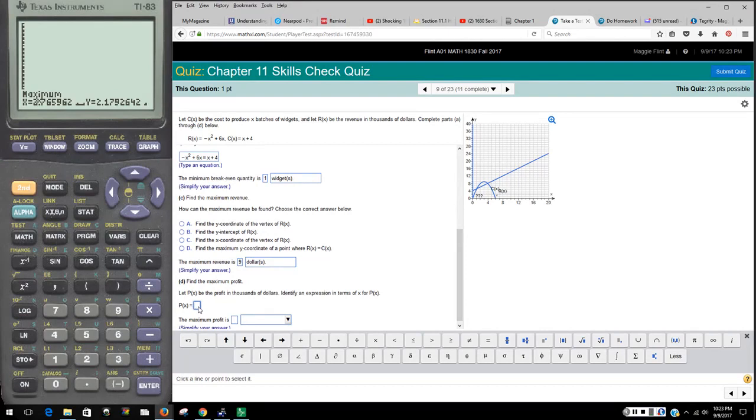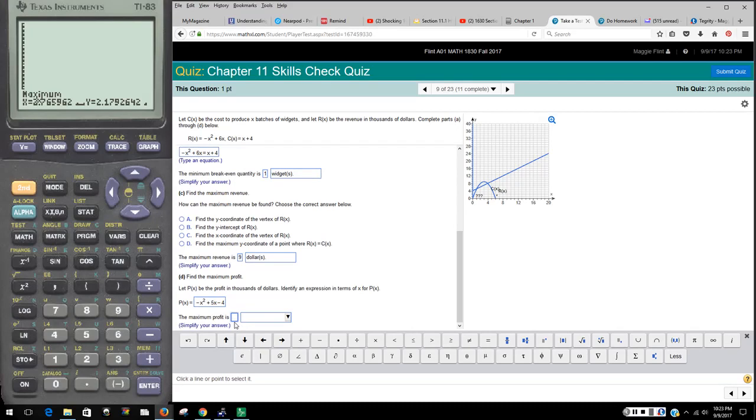Negative x squared plus 5x minus 4. And the maximum profit is $2.18.